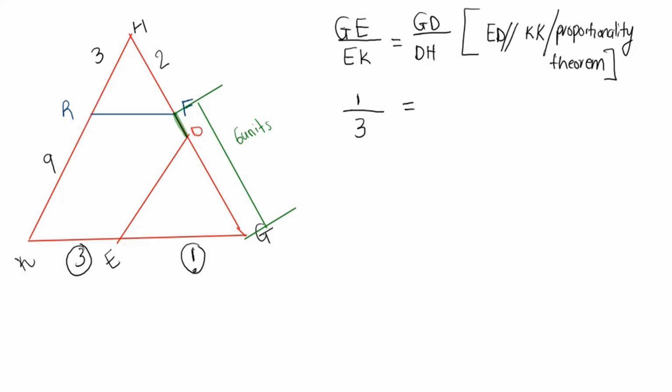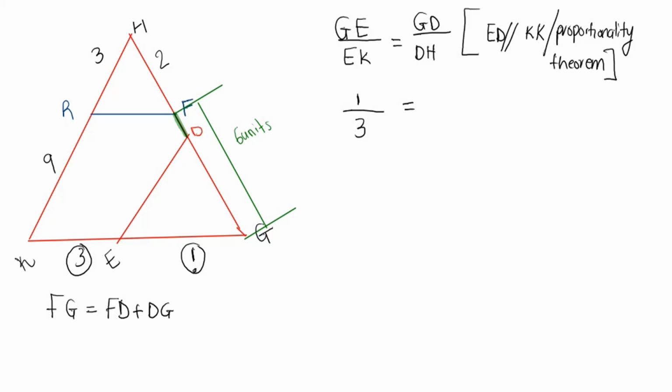So that is our GD there. But let us first see here. We found that FG, and what is FG composed of? FG is composed of FD plus DG. So I'm just going to write that equation here on the side. FG is equal to FD plus DG.